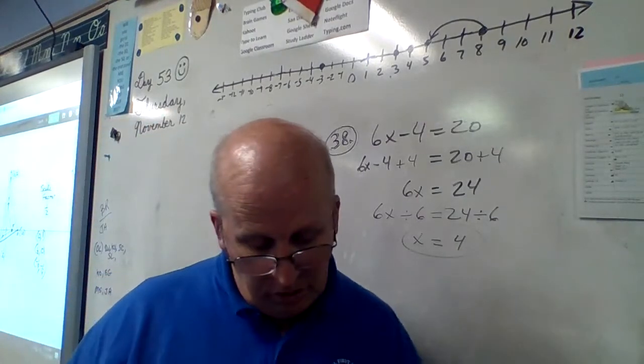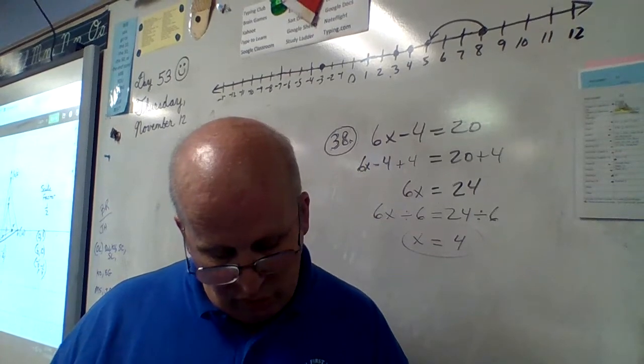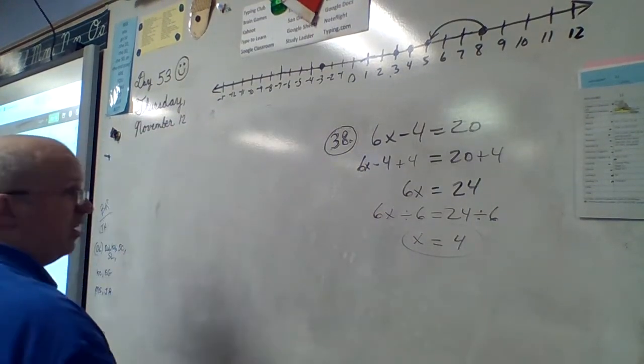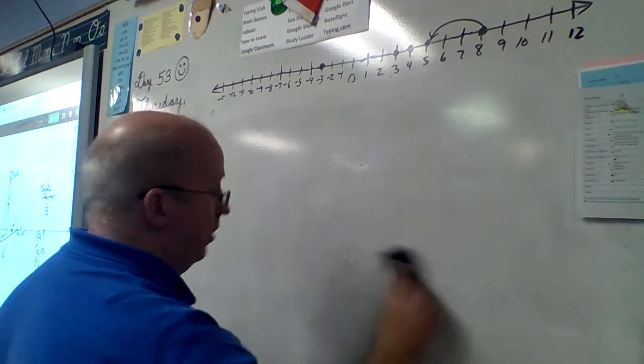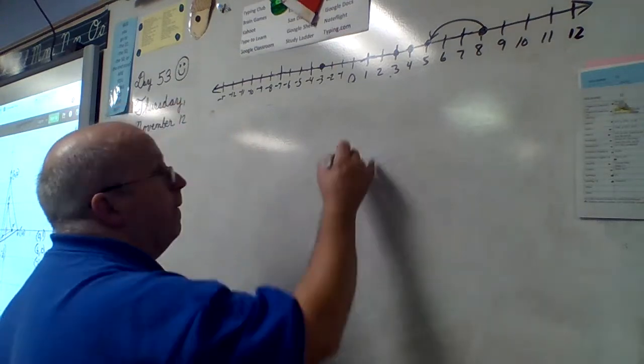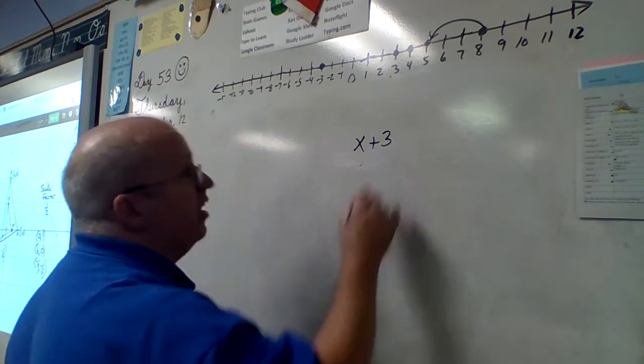Okay, we're going to jump down to 44 through 53. I might do 2 problems in this section. Let's start with 44 that says x plus 3 is less than 8.